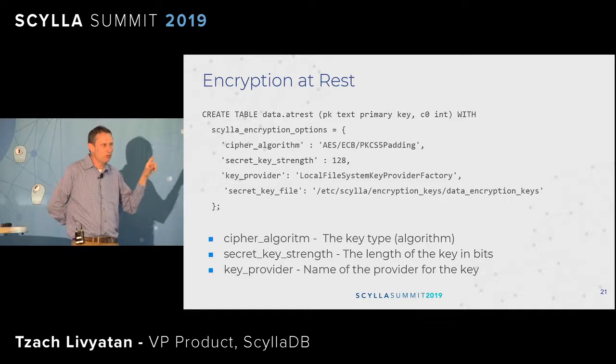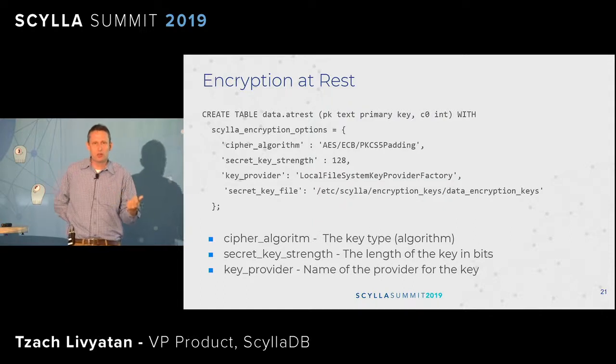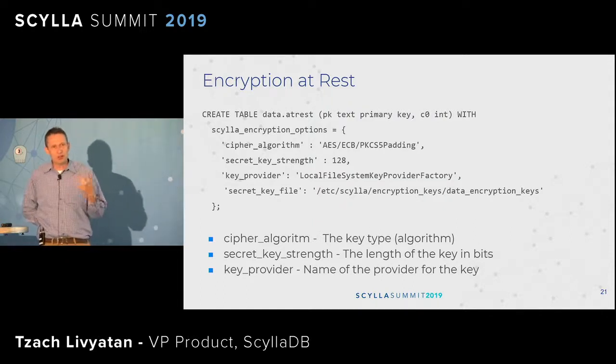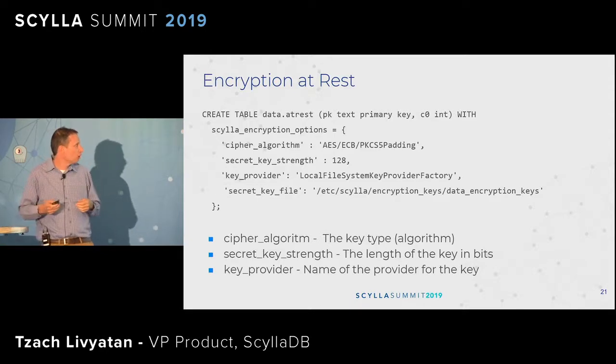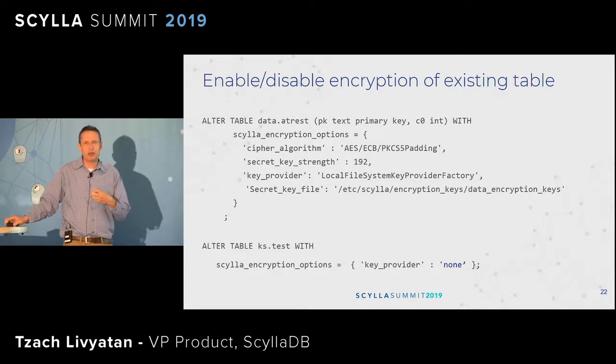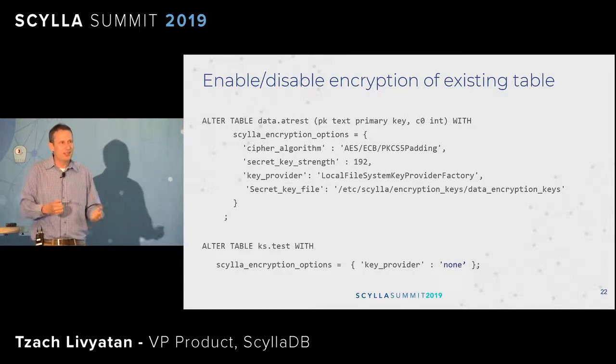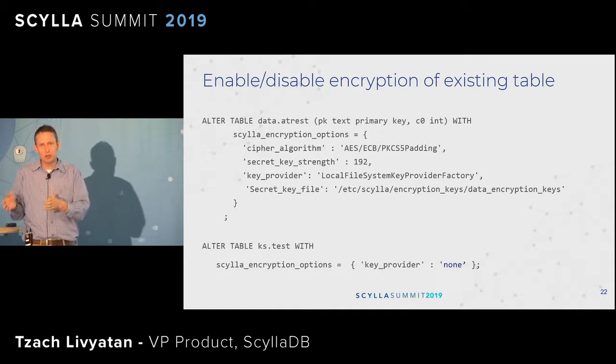Once I do that, or if I alter the table to use encryption, only new SSTables will be encrypted. Okay? And why is it important? It's important especially if I'm altering a table and, for example, changing the key or enabling or disabling encryption. Existing SSTables will not be rewritten or encrypted with a new key. Just new SSTables.